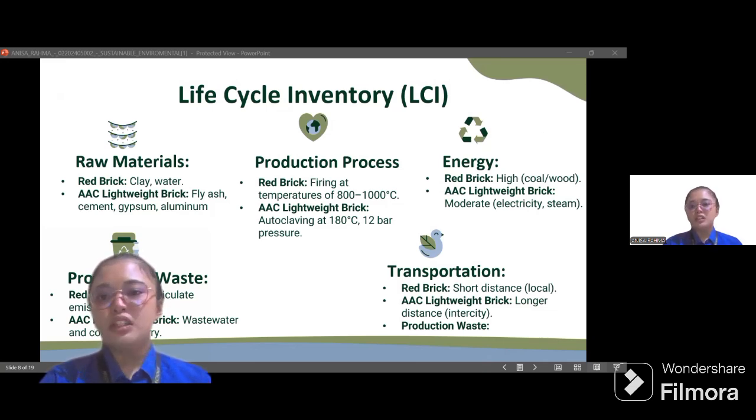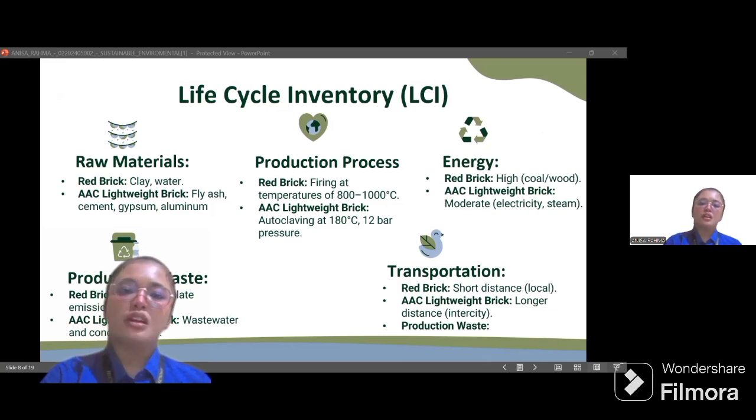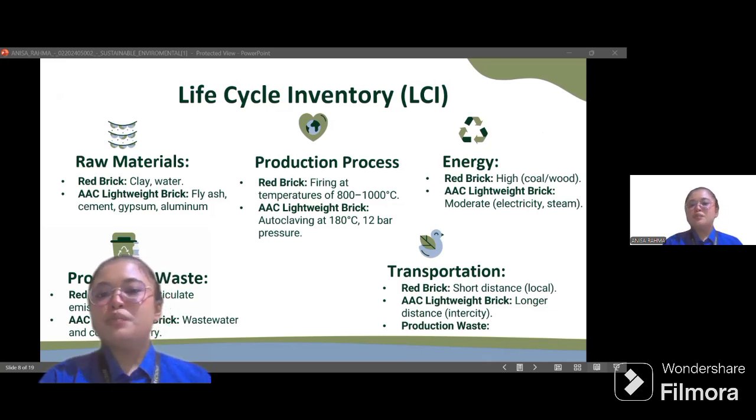LCI is important because it provides a clear picture of raw material, production process, energy use, transportation, and the waste generated. Let's break it down. The first is raw materials. For red bricks, the primary materials are clay and water.